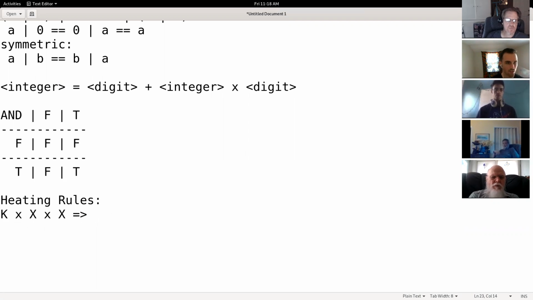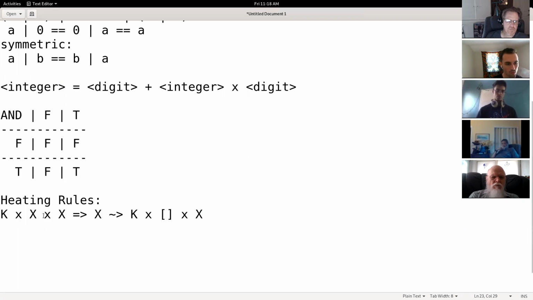The first thing that I'll have to turn this into is I need to evaluate the first term. So the way I evaluate the first term is I take it out of its context, and then I form this context that's going to be like a K cross a hole cross an X, basically.